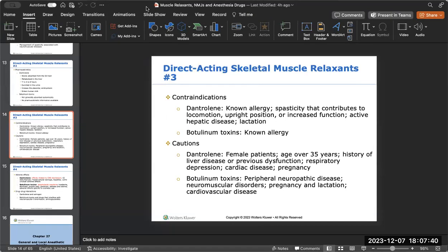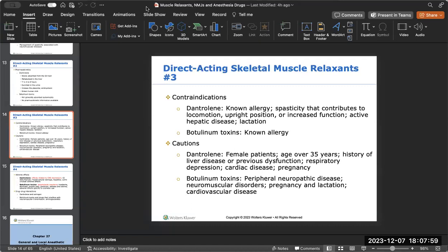Now, cautions, I would read these over just to know, but with dantrolene, you have to be careful with our female patients, patients who are over the age of 35, and if they have a history of liver disease or previous dysfunction, respiratory depression, things like that.